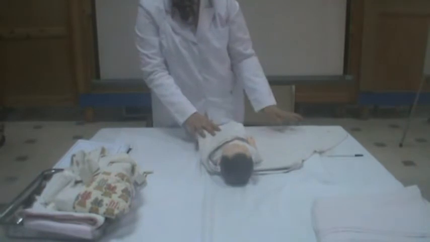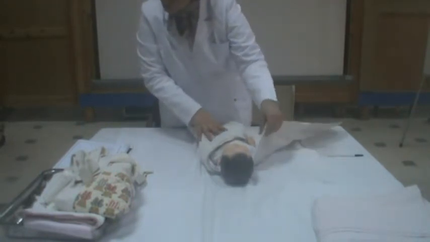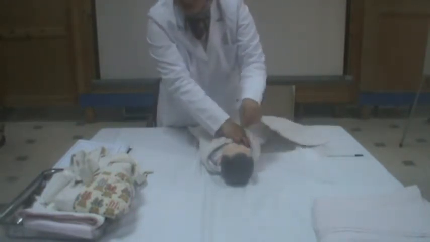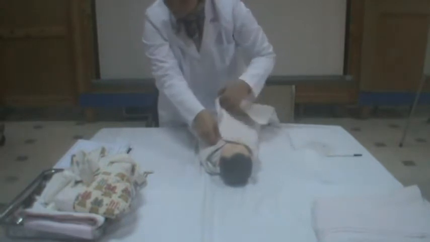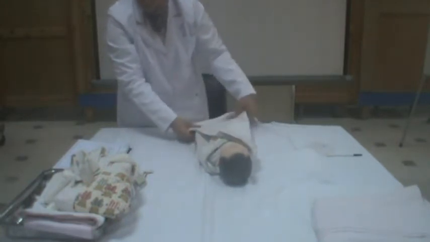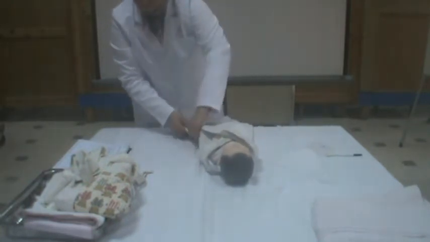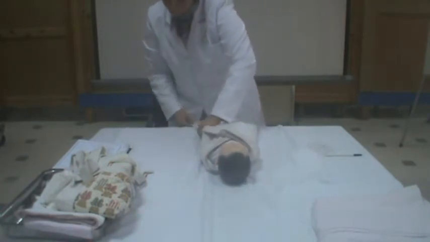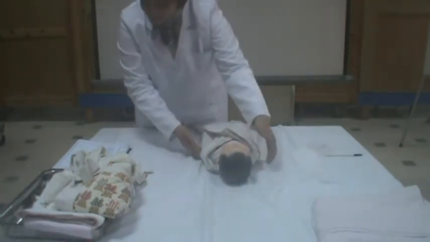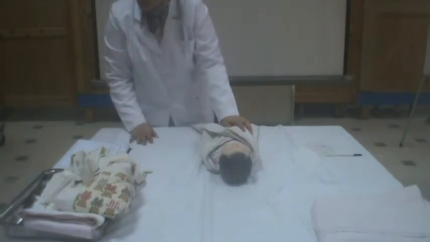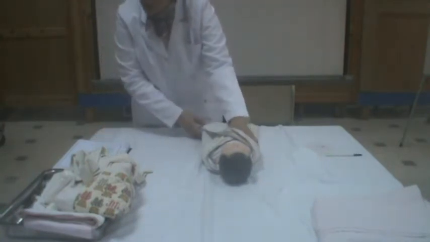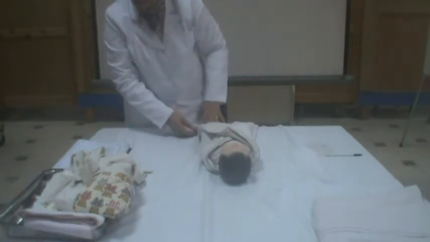Repeat the procedure with the left side of the blanket. And then separate the corner of the bottom portion of the sheet and fold it up toward the child's neck.